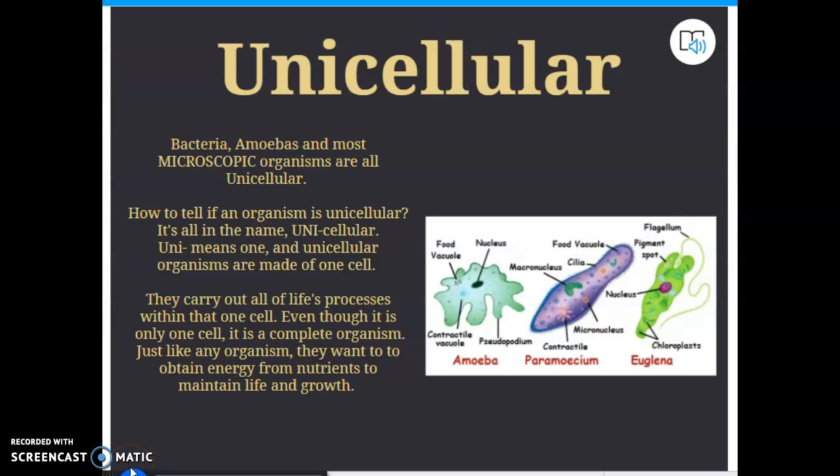I do want to go over a couple more things about unicellular organisms, and I'll come back to this portion at the end when there's a slide. Unicellular organisms obviously have the ability to reproduce, or there wouldn't be any more of them, correct? So that's something they actually have in common with multicellular organisms.